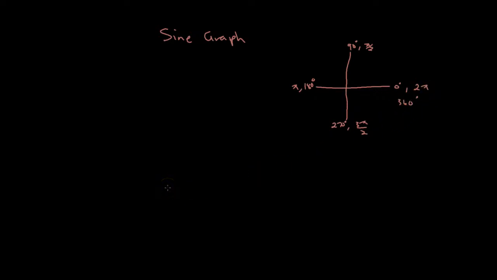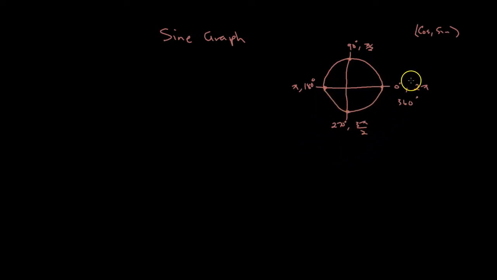So what we have to remember when we're drawing the sine graph is that in the unit circle, we have our coordinates as cosine, sine. Remember our unit circle, we have 1 here, 1 here, -1 here, and -1 here. So let's just go ahead and draw this circle.